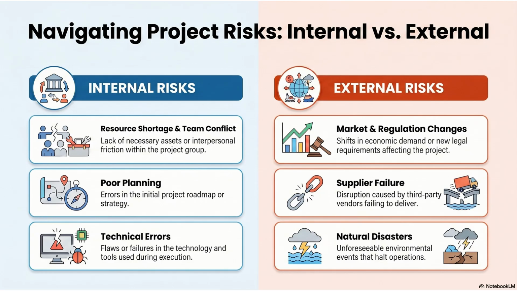Supplier failure is another common external risk. If a third-party vendor fails to deliver material or services on time, the project may be affected even though the problem originates outside the project team. And of course, natural disasters such as floods, storms, or other environmental disruptions can also create a major project risk.